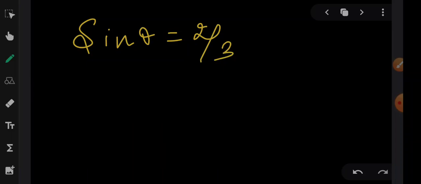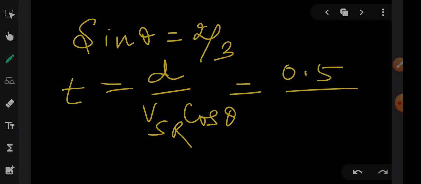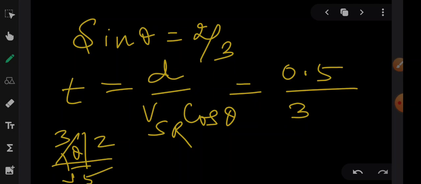Now to cross the river, the time taken is d by Vsr cos theta. The river is 500 meter wide, so it is 0.5, Vsr is 3, cos theta. Sin theta is 2 by 3, this is angle theta, so the third side will be root 5.